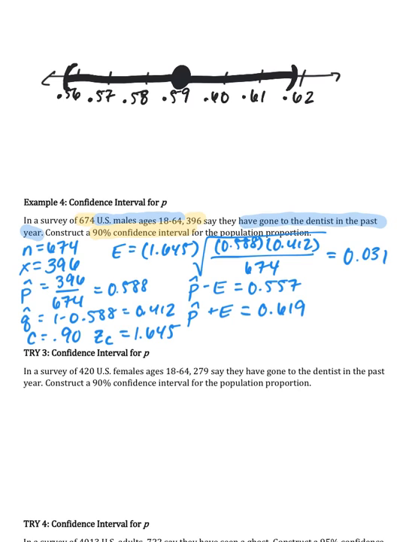And now, time to interpret. Okay, so again, please model your interpretations the exact same way every time. All right, so we're going to start off with 90% confidence.